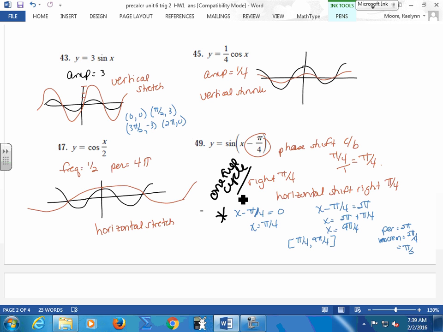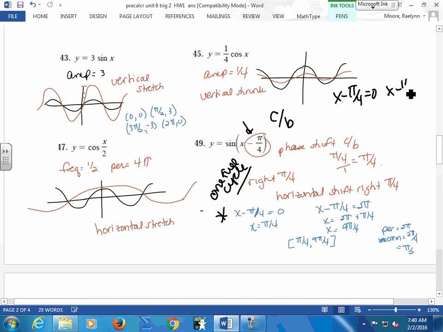This guy took a phase shift. Remember, it's C over B. Technically negative C over B, but if you do this first and say this is going to the right, then just do C over B. Where did you get 9 pi over 4? So we're moving here to 2 pi. So you have to say x minus pi over 4, start at 0. X minus pi over 4, go to 2 pi, right? Because don't we go from 0 to 2 pi? So we added this. We're going to start at pi over 4.